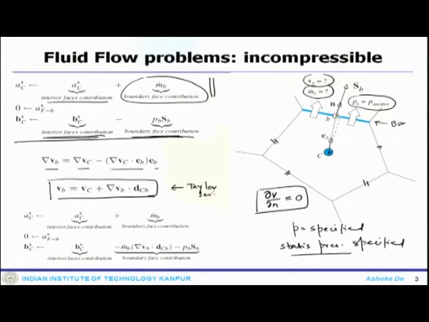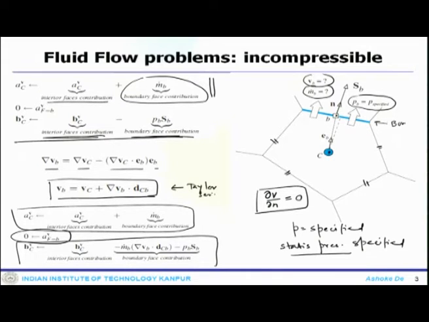Taking only the first term into consideration, the additional correction is added to the source term. The coefficient A_C won't change and A_FB won't change, but the change comes in the source term, where the interior face contribution from all these faces won't change, but the boundary face contribution is modified like minus m dot B delta V_B dot d_CB minus P_B S_B.